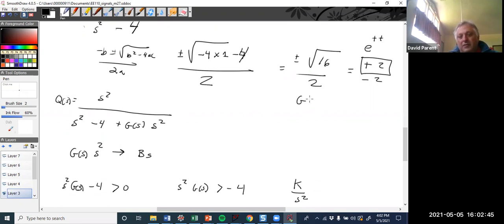So the first part of G of S is going to equal K. And since there's going to be more than one thing, I'll just say K1, right? And that K1 has got to be greater than 4. This isn't right. Okay.